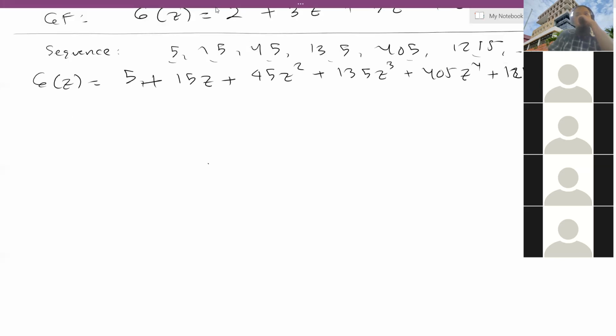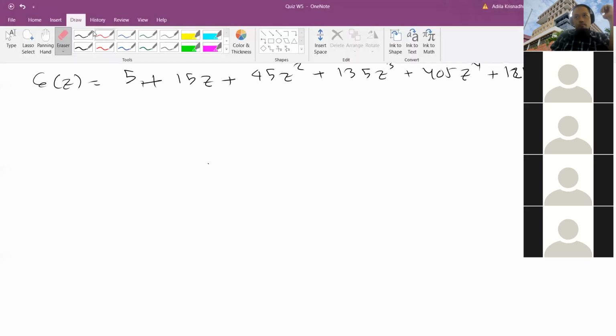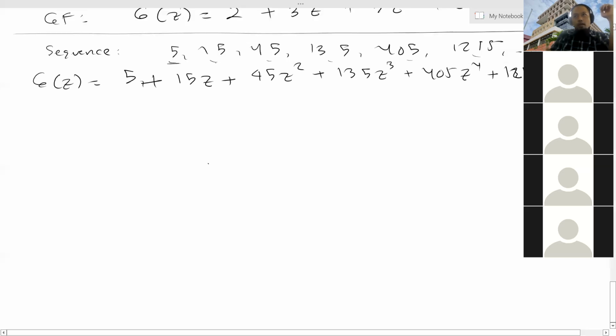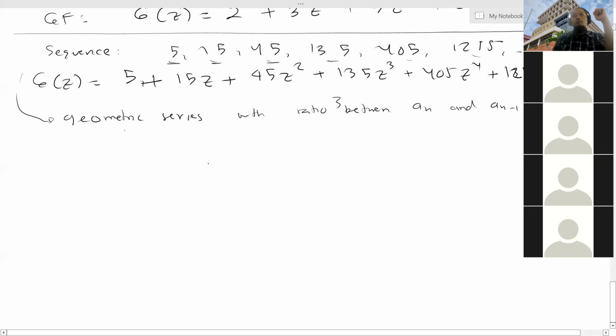Looking at this, yeah, it is a geometric series, right? With ratio between a_n and a_(n-1) with ratio 3. So therefore, we could simply multiply them by 3.